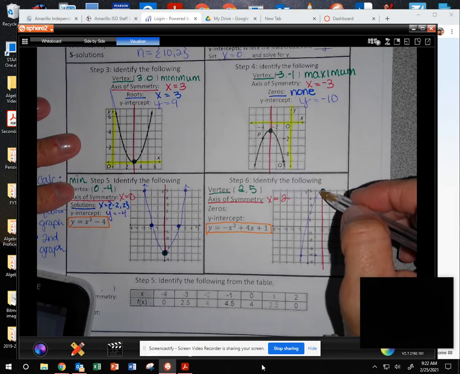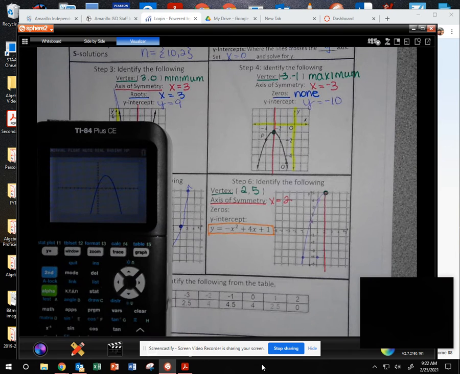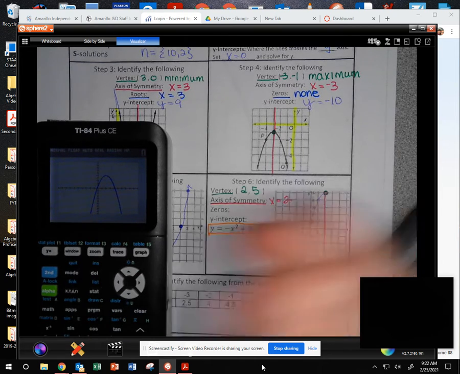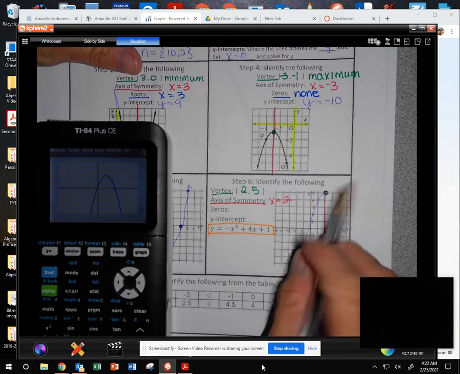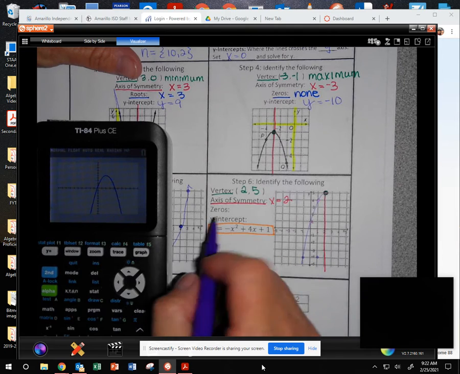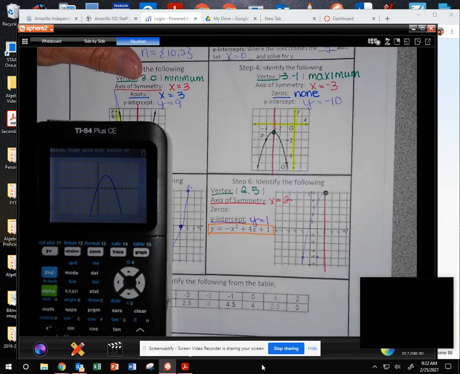And I need to figure out where this side is going to come down. So I have a y-intercept that I can see. It is right here at 0, 1. So this is going to be my y-intercept where y equals 1.